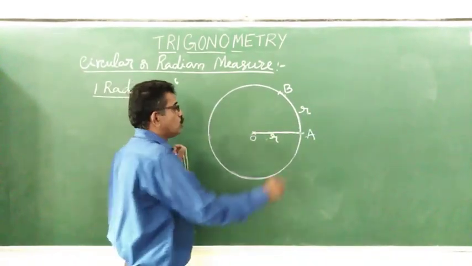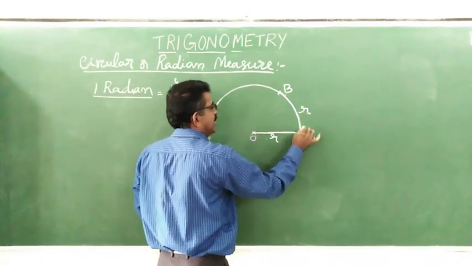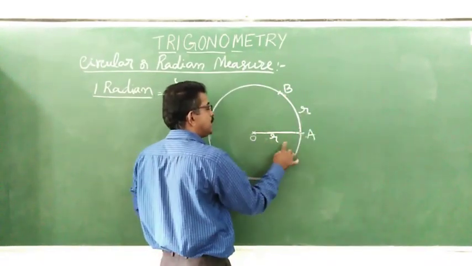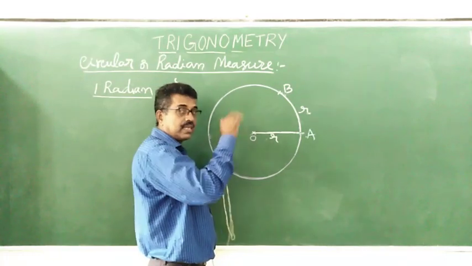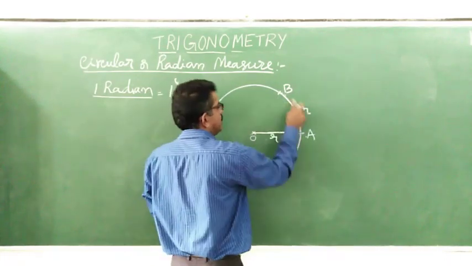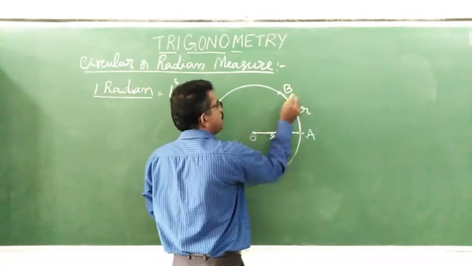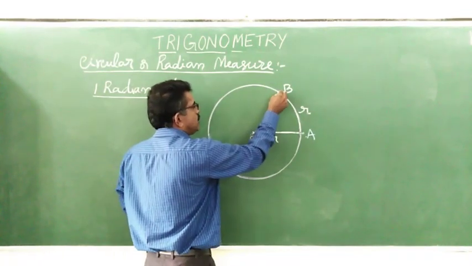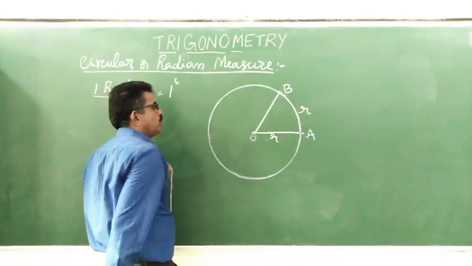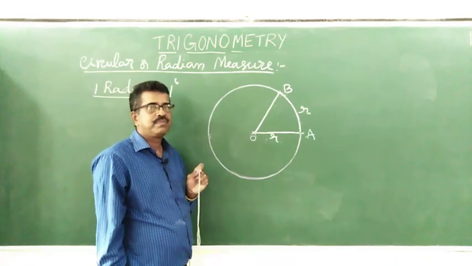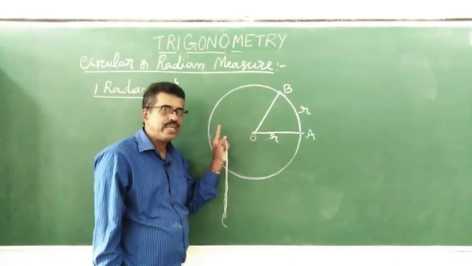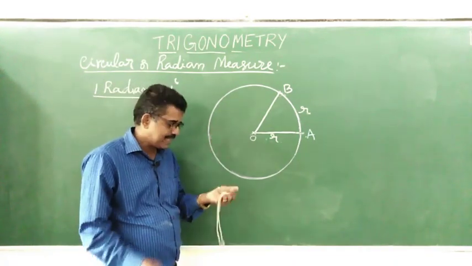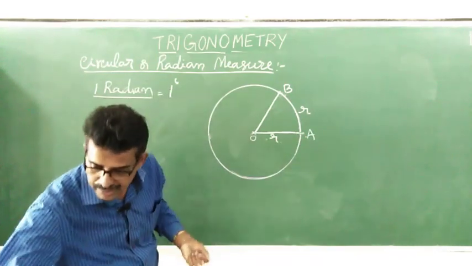So what is this? This is the arc length. Let the arc length be the same as the radius of the circle. Now I got another point on the circumference. Let me join that B to the origin. Now can you see an angle between OA and OB?